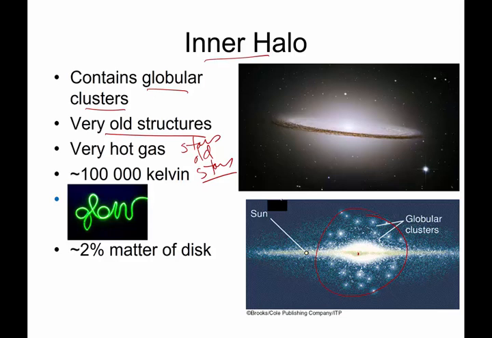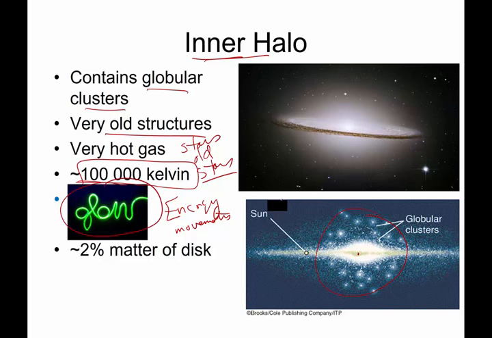The inner halo is also very, very hot, about 100,000 degrees Kelvin. That means that there is so much energy, so much kinetic energy, so much movement and motion in that inner halo that the matter can bump into each other so extensively that it will start to glow.